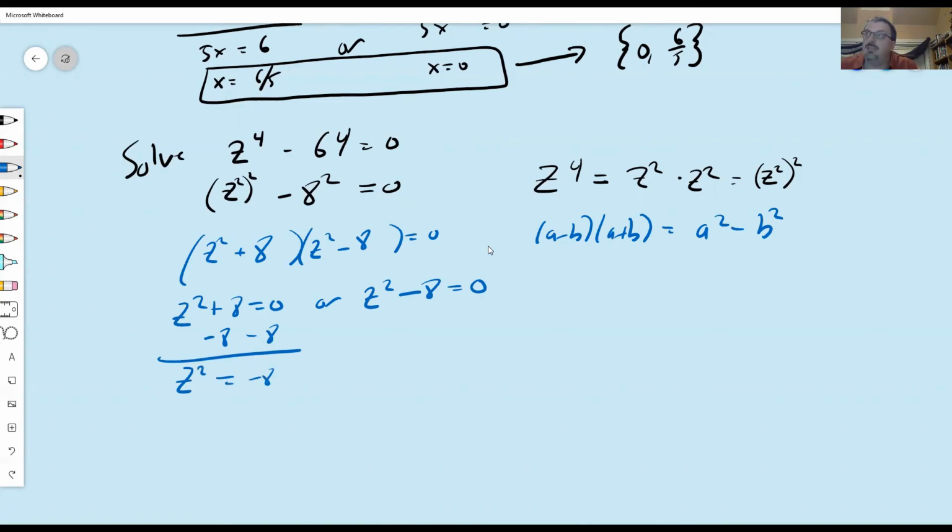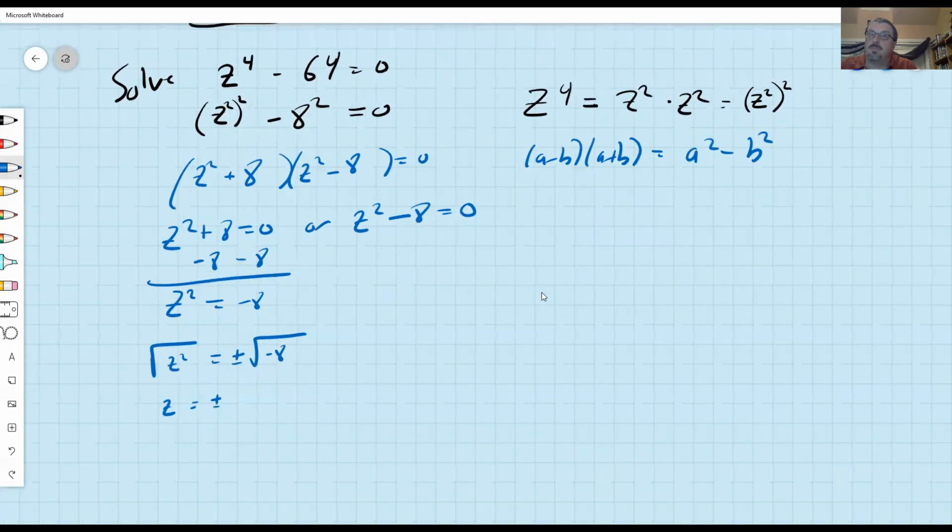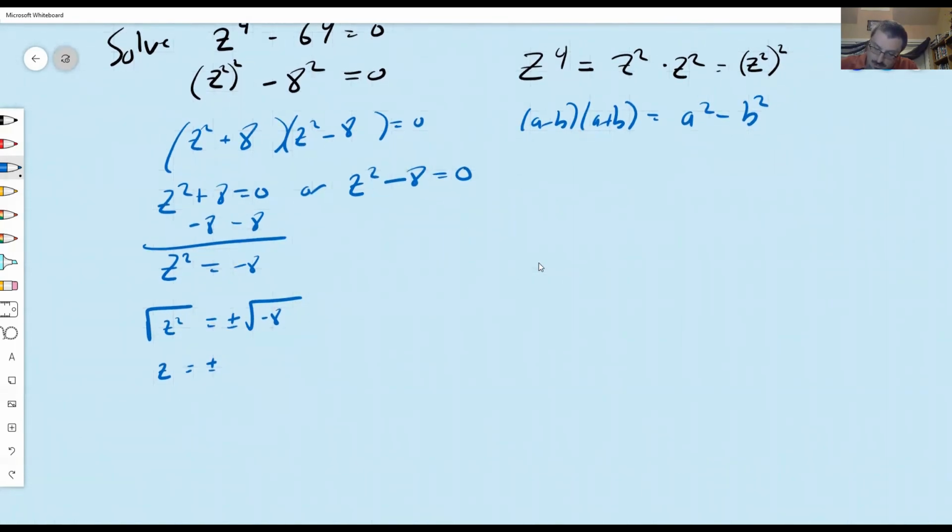To get rid of a square, we're going to square root. Remember, whenever we square root, we're going to put that plus and minus in front. So z equals plus or minus the square root of minus 8, is going to be an i.